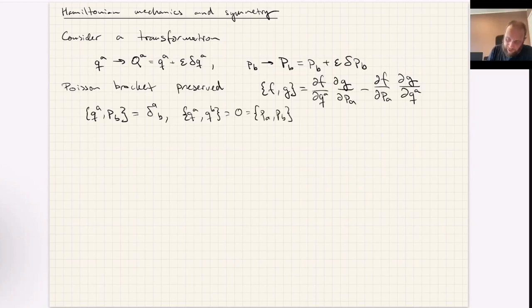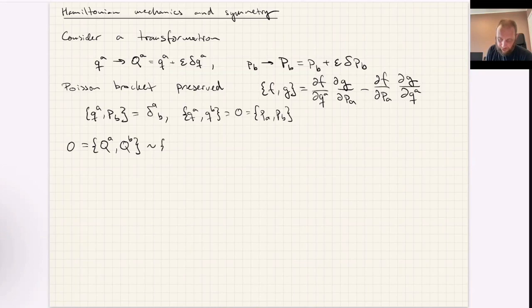So if you have this situation and we say that your coordinates are in canonical form, the Poisson bracket being preserved essentially means that the capital Q's and the capital P's should also fulfill this. So in particular, if I take the Poisson bracket between capital QA and capital QB, and I keep now only terms linear in epsilon, not going to care about terms that are higher order.